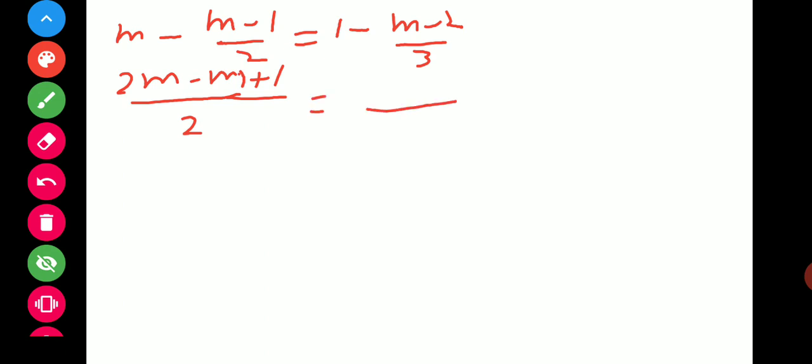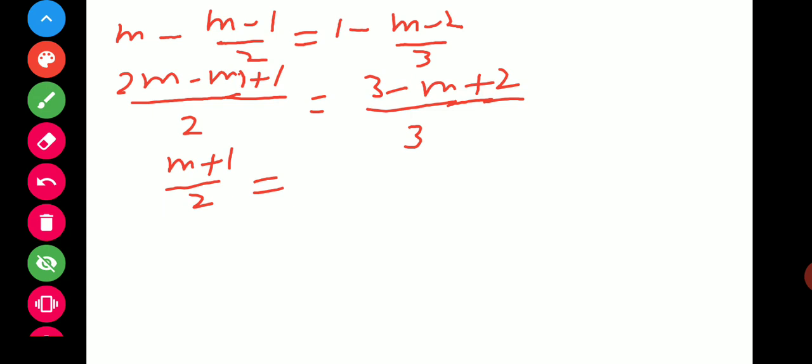So in that case, here LCM is 3. So it becomes 3 minus m plus 2. It is also a bracket type. So minus becomes positive. So what will happen? It is m plus 1 divided by 2 is equal to, here is 3 plus 2, that is 5 minus m upon 3.